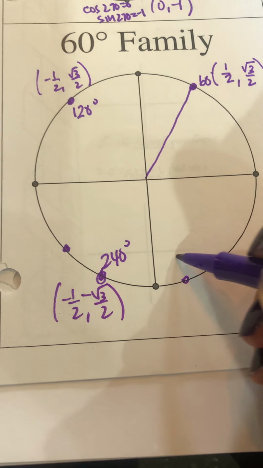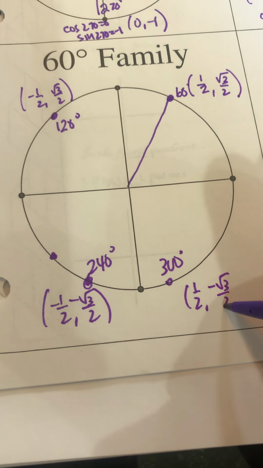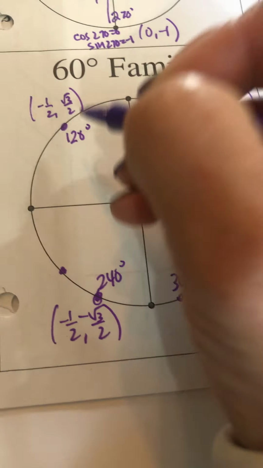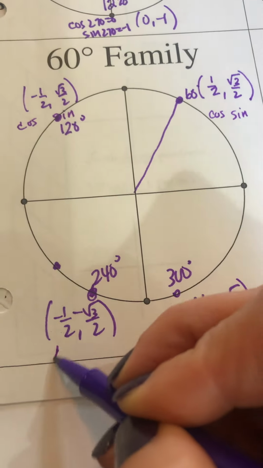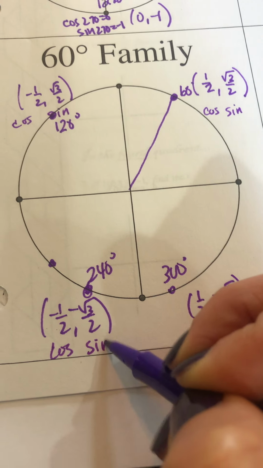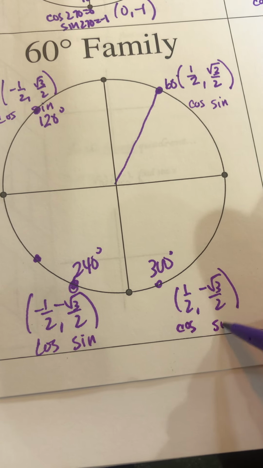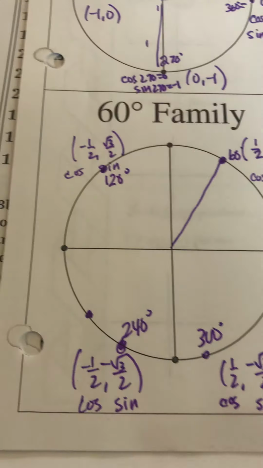And then for 300 degrees would be +1/2, -√3/2. In each ordered pair, the x is the cosine, the y is the sine. I tend to like to write that out a little bit better, like say cos of a 300 is 1/2, sine of a 300 is -√3/2. But for ease of writing here, I just wrote it underneath.